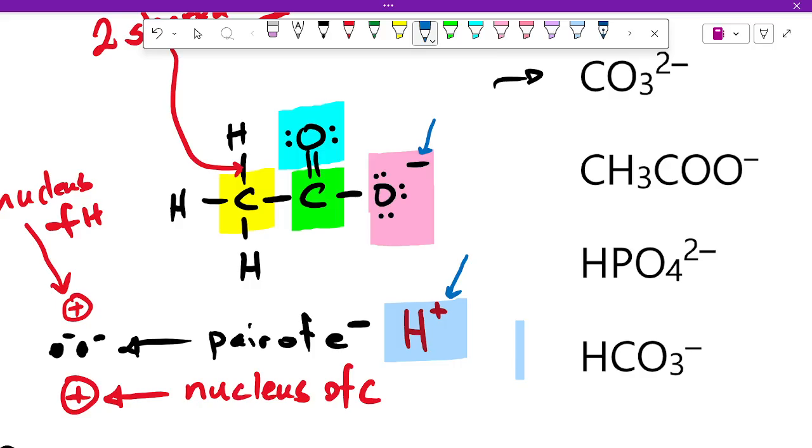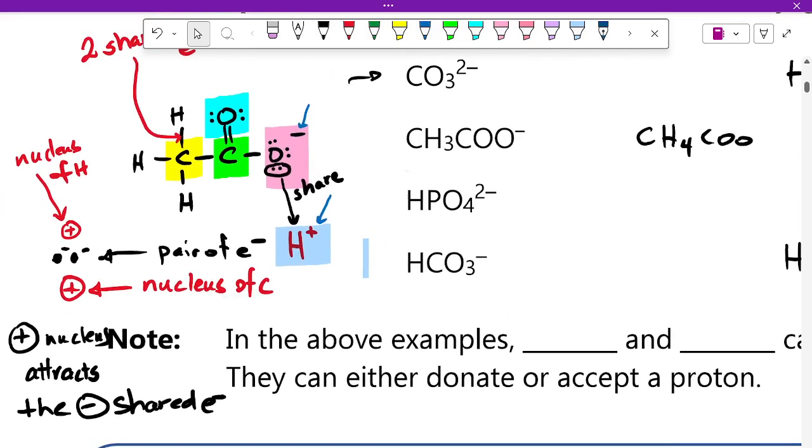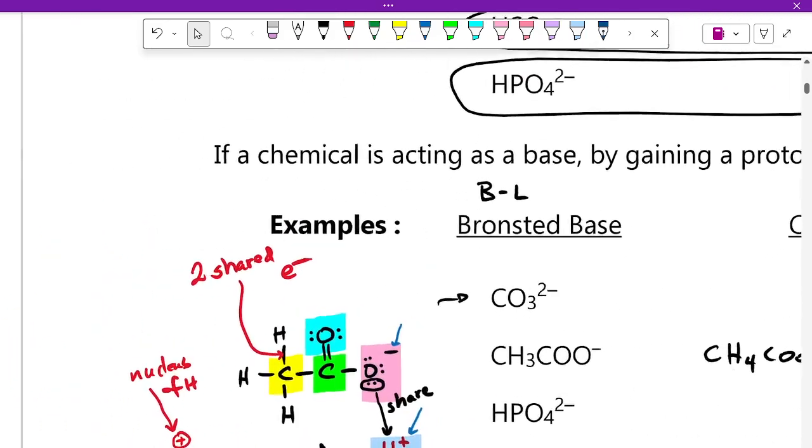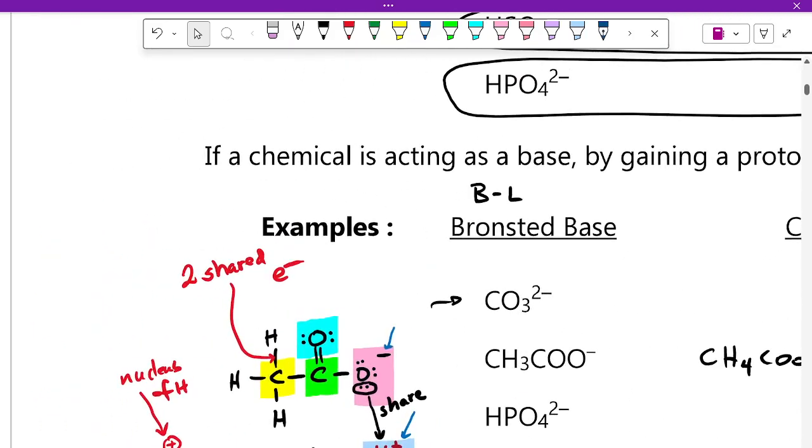And in fact, what's going to happen is you are going to have this pair of electrons here, let's just say, and it's going to share with the hydrogen, which does not have electrons, because that hydrogen has no electrons. So what you'll end up with then is, where can I draw this? Because I've really run myself out of room. I'm going to draw it up above.